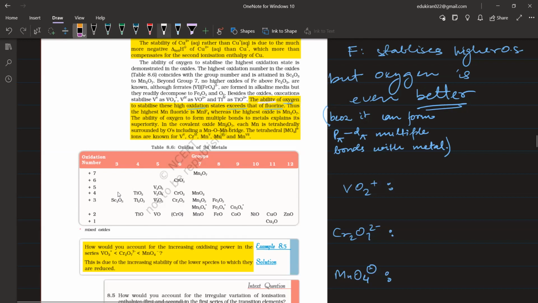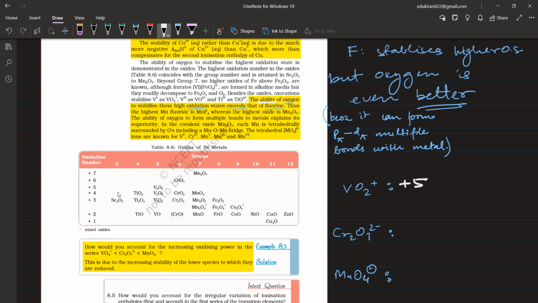ठीक है, पता नहीं टीचर को भी समझ नहीं आया. बस यहाँ पे देखिए, VO2 positive. What is the oxidation state of vanadium here? Tell me, guys. 5. ठीक है.